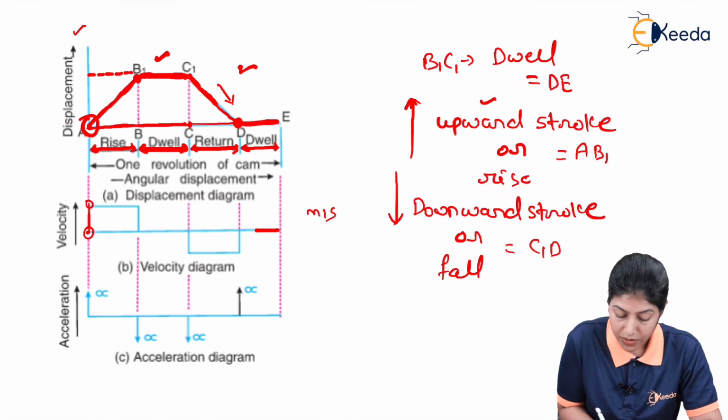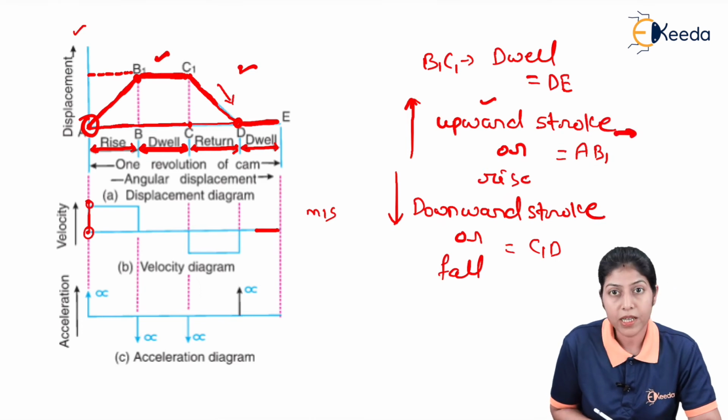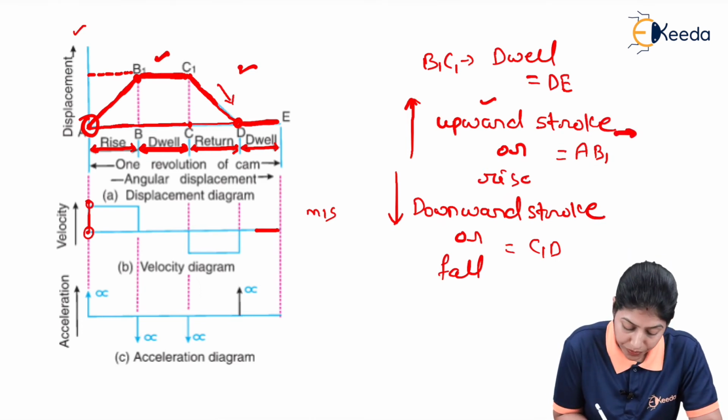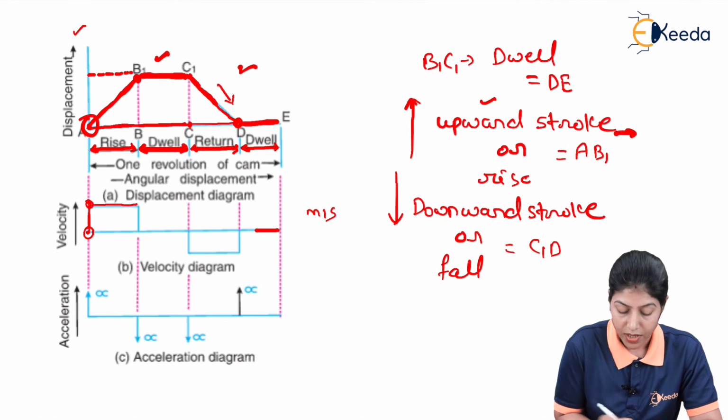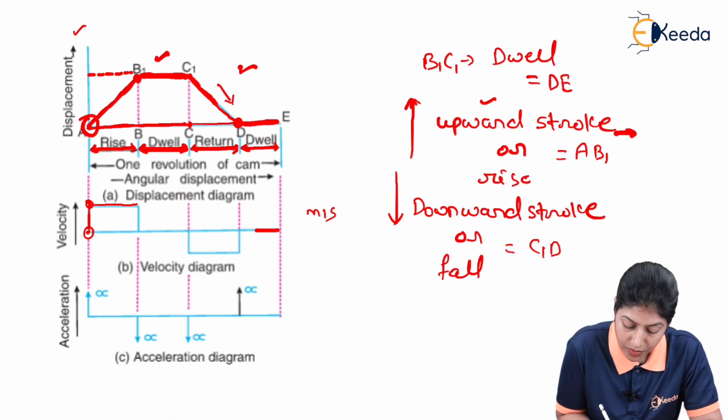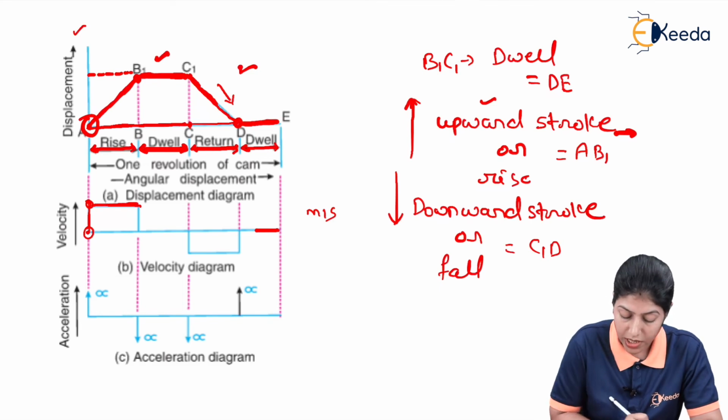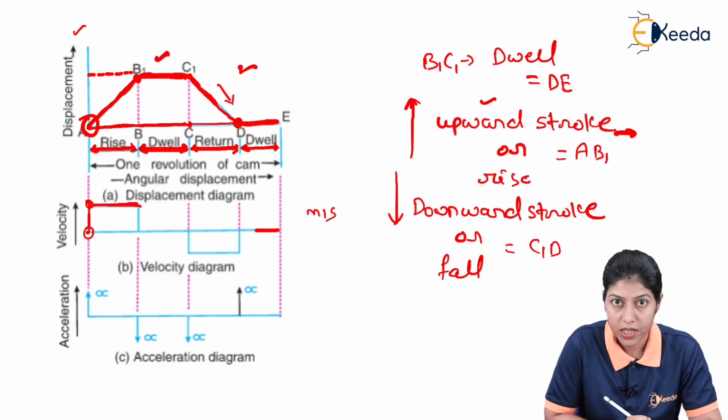Then when the follower is completing the upward stroke, it will move with constant velocity. So at the rest condition, we are considering a sudden increase in velocity in 0 time, and it will move with constant velocity. So this horizontal line is representing the constant velocity region.